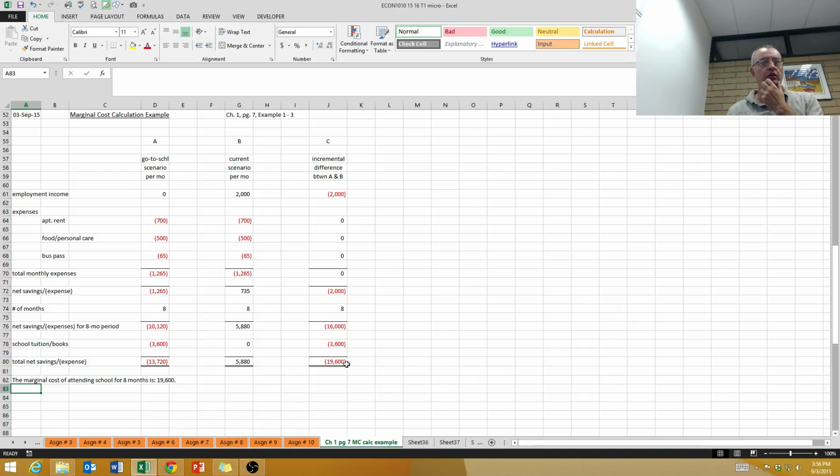Although $19,600 over an 8-month period sounds quite high, no doubt she's looking at her investment in schooling as just that, an investment rather than an expense. Yes, you've got money going out today, but she anticipates having higher employment income down the road. Maybe when she's done school, she's making $3,500 per month. And so eventually this investment will pay off.